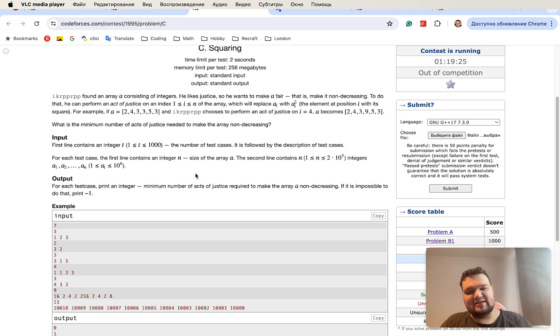So when we try to understand how many squarings we need to apply to the second one to make it just bigger, this number of squarings was not enough, but this is enough.